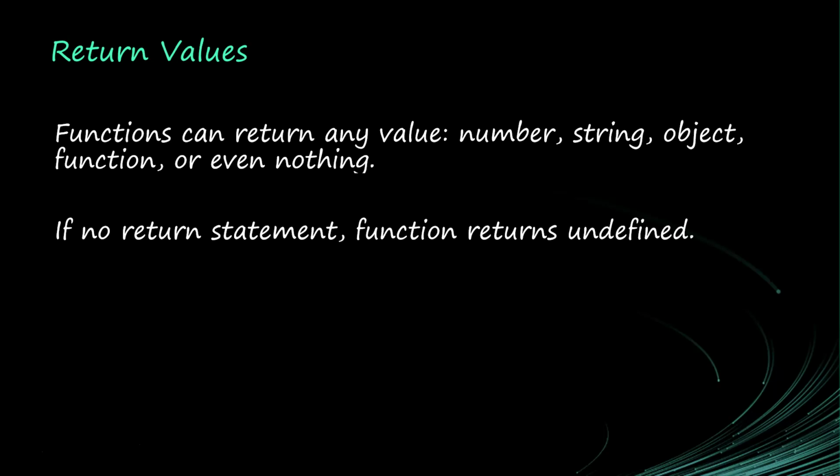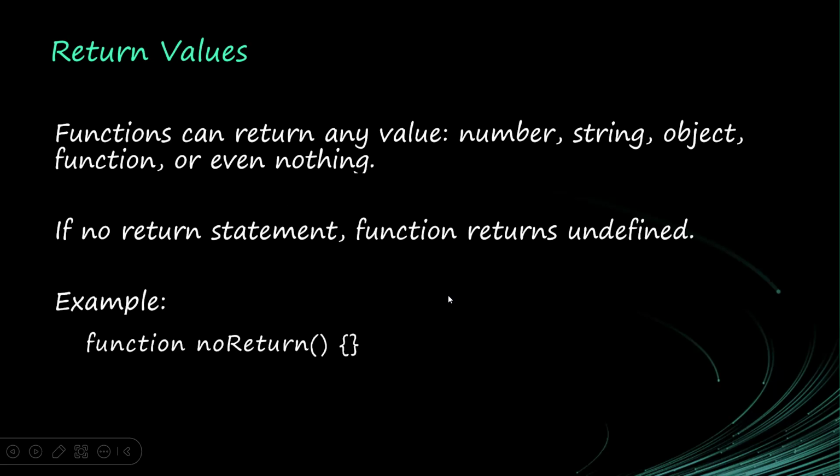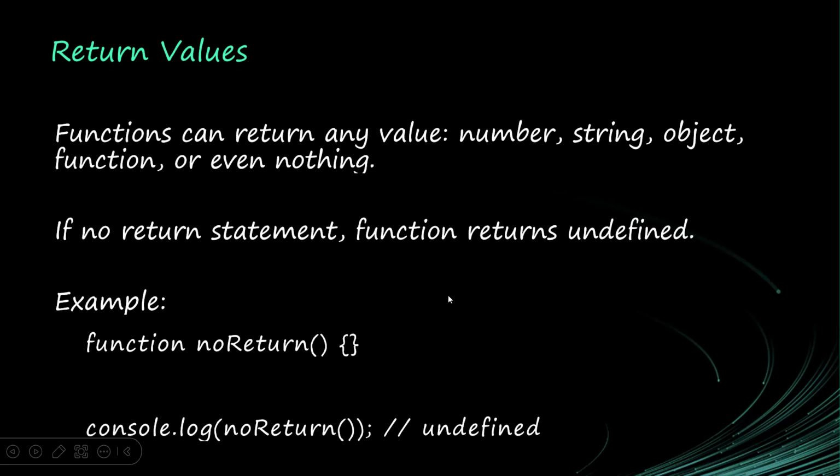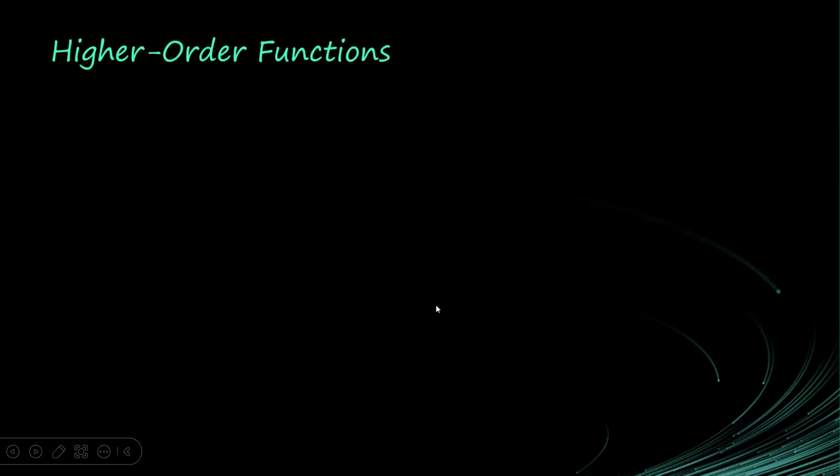If there is no return statement in the function, the return value will be undefined. Look at it here. In this case, there is no return. It's just an empty block. It does not have any return statement. So when you call this, it will return undefined.